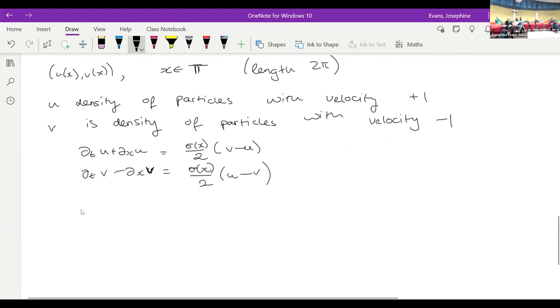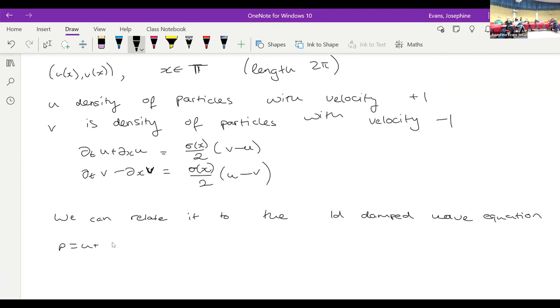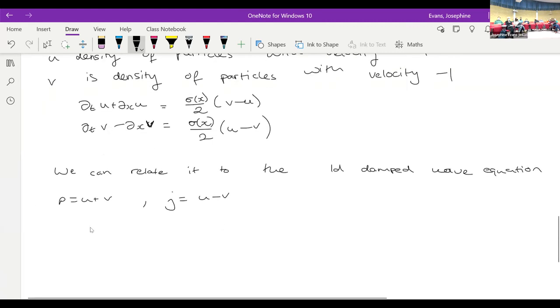A nice property of this is that we can relate it to the 1D damped wave equation. So if we write rho equal to u plus v, j equal to u minus v, then you can just check that we get that d2 t squared j is equal to d2 x squared j plus sigma x of j.